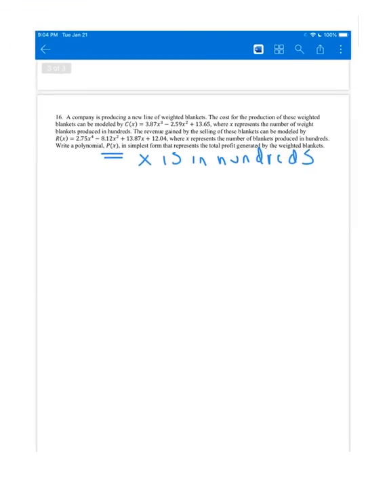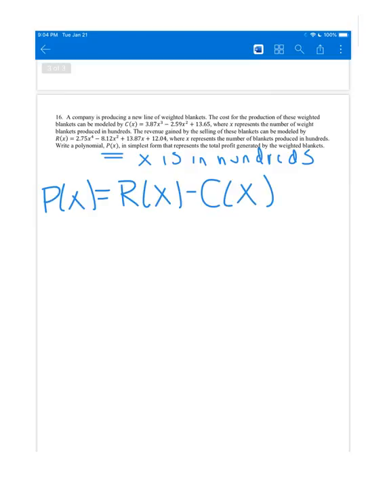Okay? So to figure out, if you have the cost for production and you have the revenue, the way that you figure out the profit is by subtracting the two of them. Your profit function is equal to the revenue, how much money you made, minus how much money you spent. So you're going to be subtracting these.